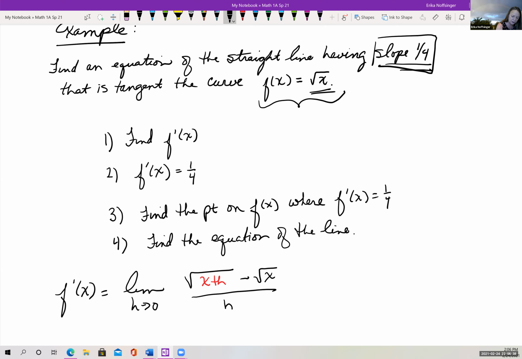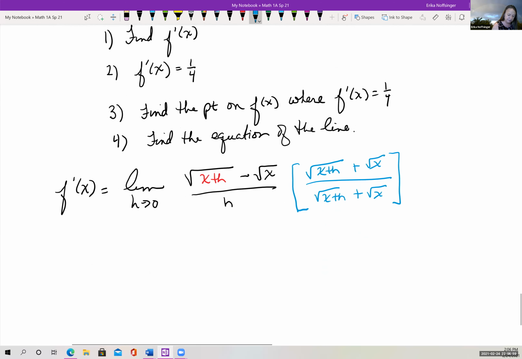When we have radicals, that's where we use the trick of multiplying by the conjugate. So the square root of x plus h plus the square root of x. The reason why we did this is that multiplying by the conjugate gives us the difference of squares. We're going to get rid of those radicals.